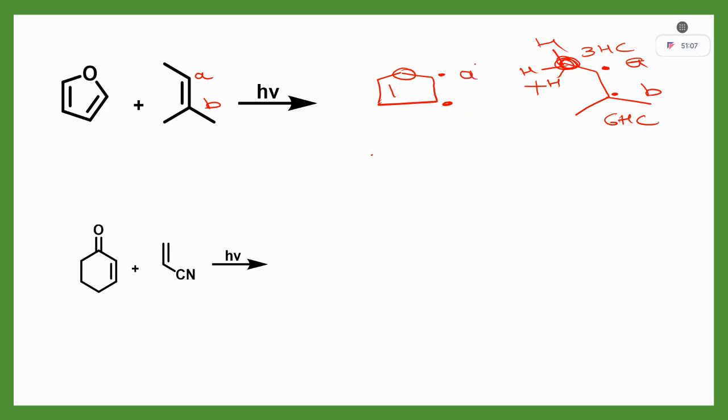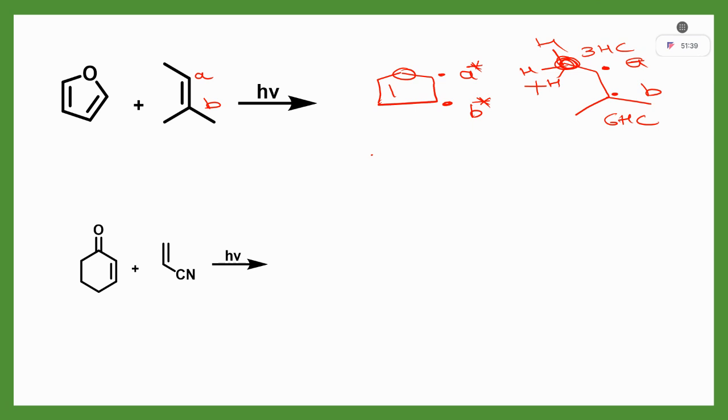Among these two radicals, A star and B star, can you tell me which radical is more stable? Take your time and give answer carefully. Okay, whatever intermediates are there in organic chemistry, such as your carbocation, free radicals, these all are electron deficient. Yes or no?